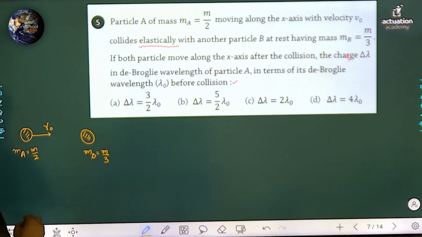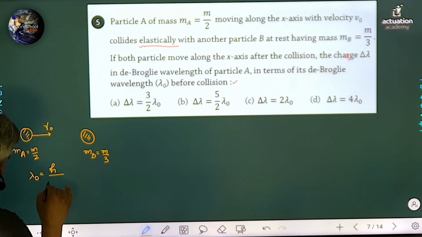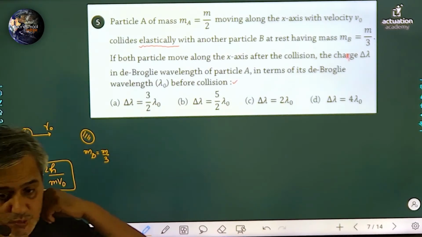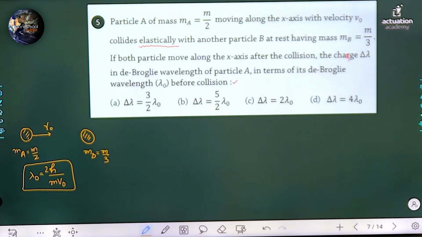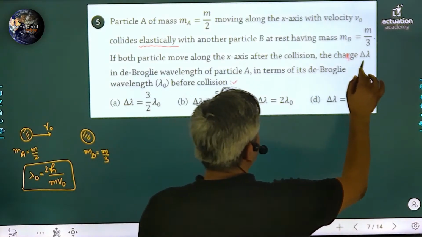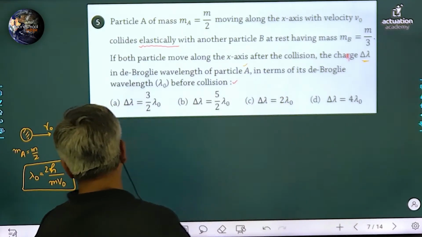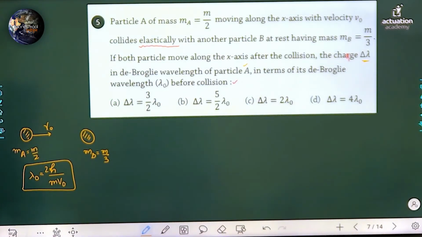Lambda naught is h over the mass ma, which is m by 2, so h over 2 m v naught. This is the value of lambda naught, because we need to tell delta lambda, the change in wavelength of particle A, in terms of lambda naught.